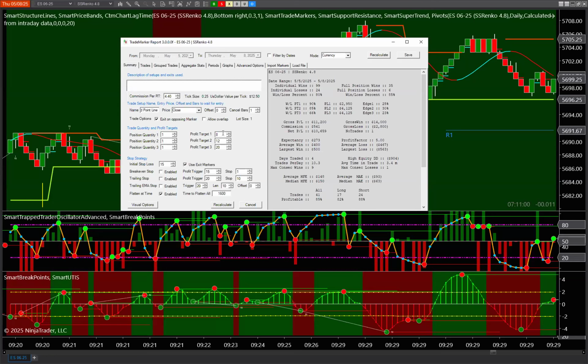So what we've done with this is we've taken pretty good results for our members over the last 7 years. And because we went from 4 to 8, 8 to 12, we've increased profit in the first two targets by 50%.